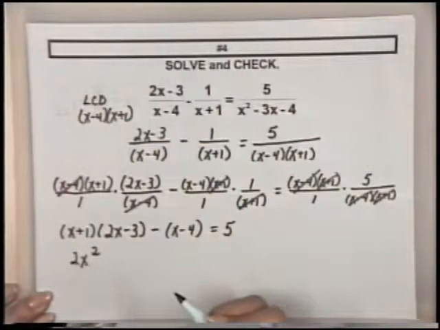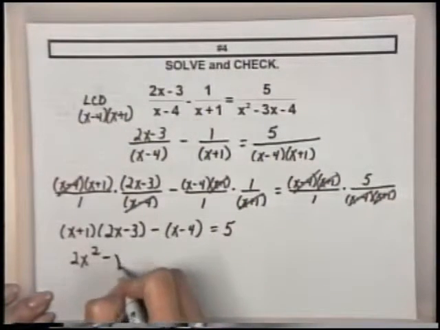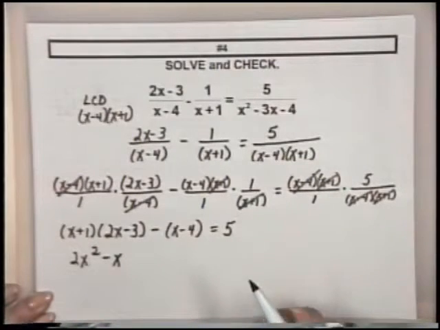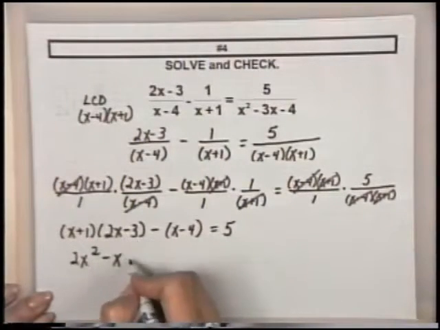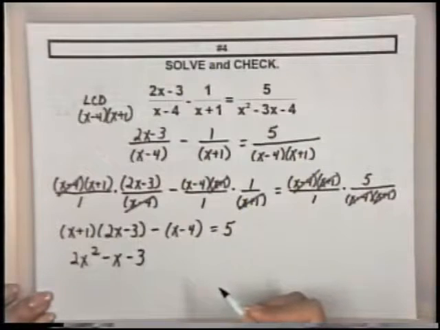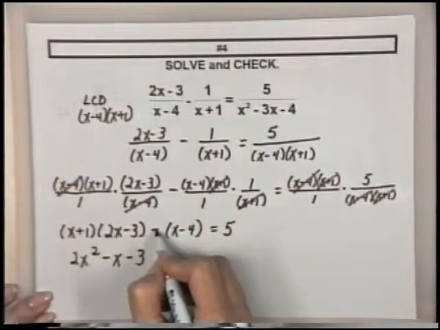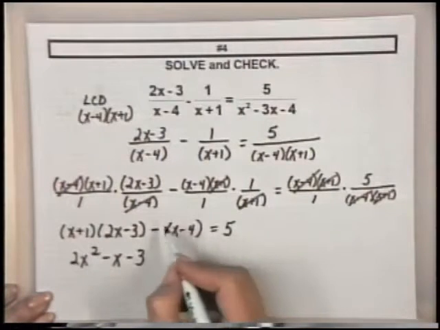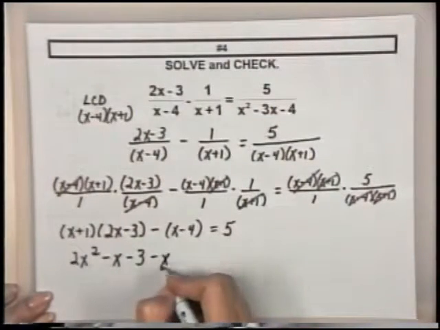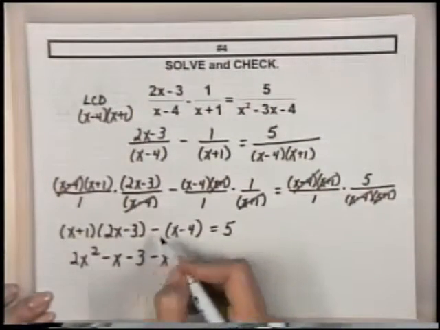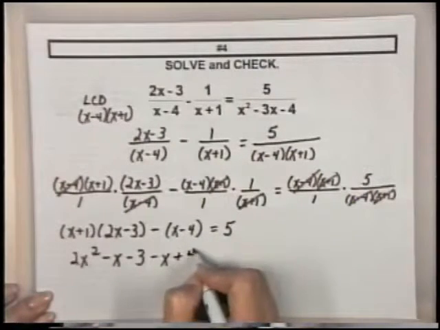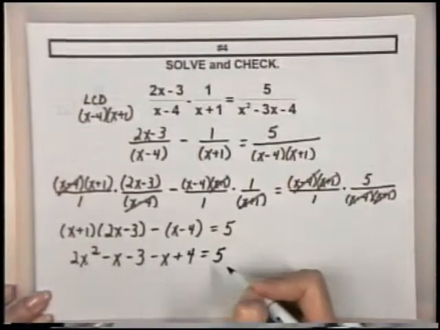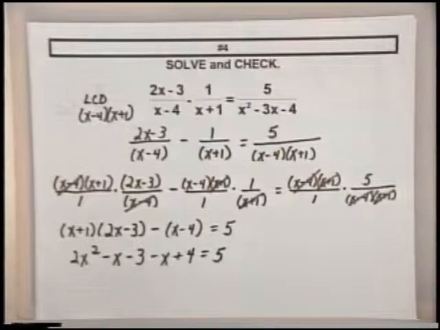When I combine negative 3x with 2x, I get minus x for a middle term. For the last term, 1 times negative 3 is negative 3. Applying the subtraction sign to both the x and the negative 4 is like thinking negative 1 times x is negative x. Negative 1 times negative 4 is positive 4 equals 5.